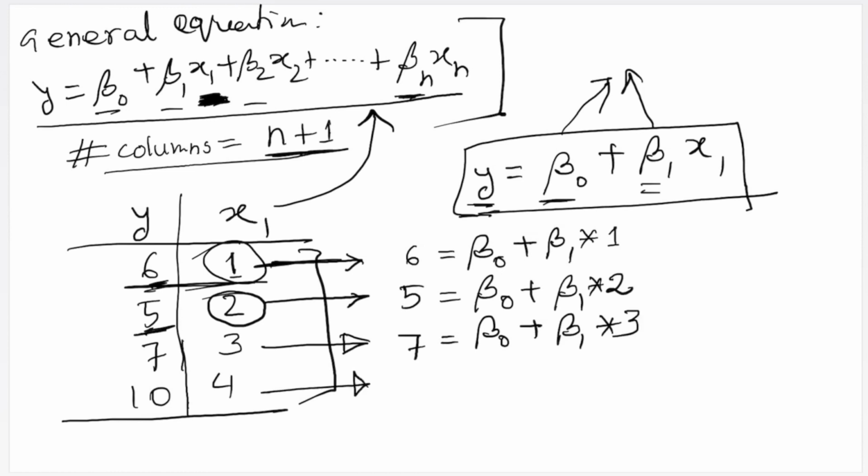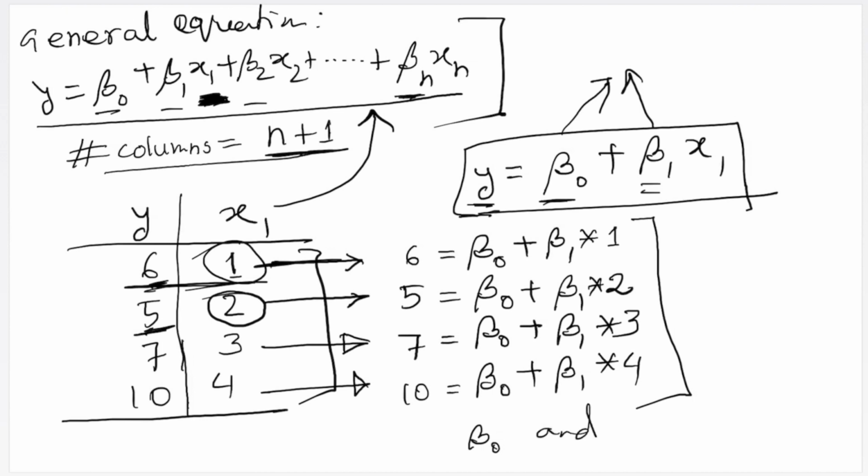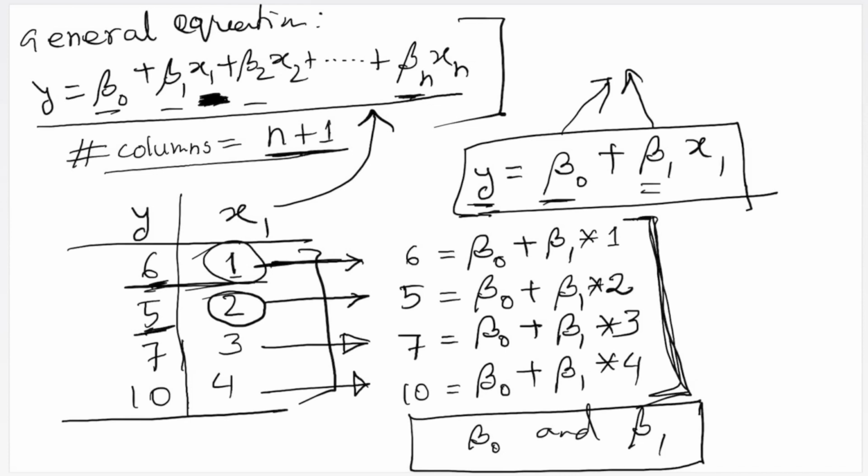For the fourth row, we have 10 equals beta naught plus beta 1 times 4. So in these 4 equations, we have 2 unknowns. The 2 unknowns are beta naught and beta 1. The purpose is to find out 2 unknowns from these 4 equations.